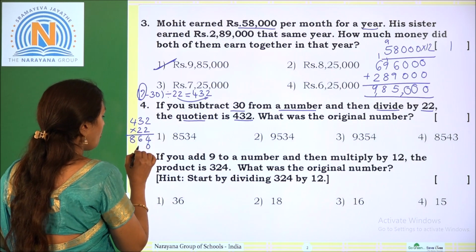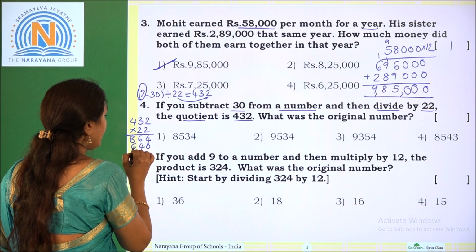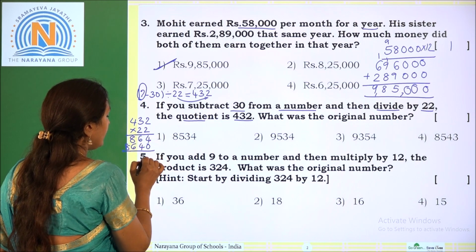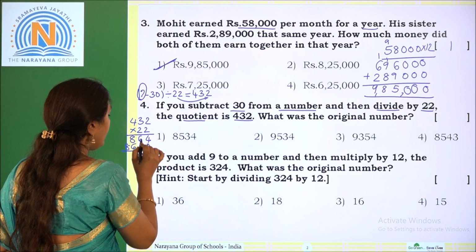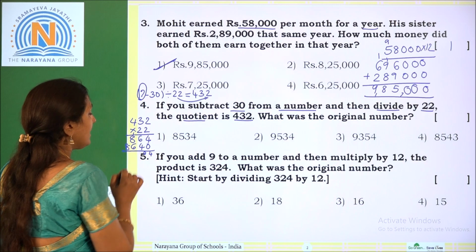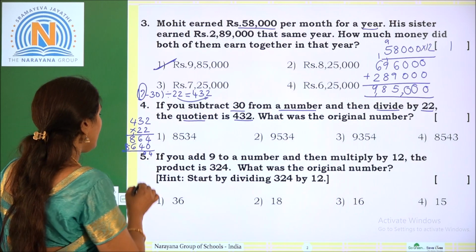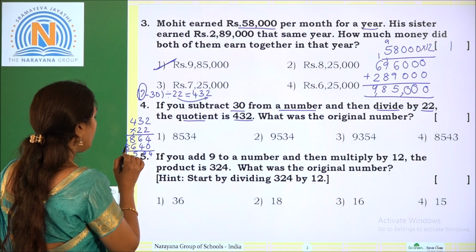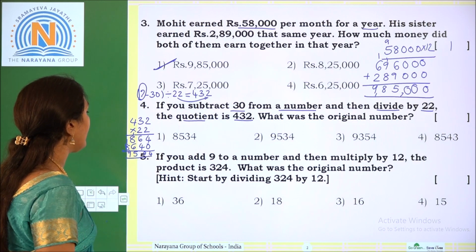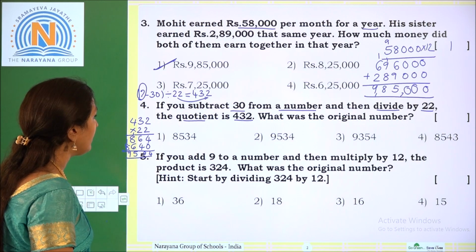Again 2 2s are 4, 2 3s are 6, 2 4s are 8. Now add: 4 plus 0 is 4, 6 plus 4 is 10, 1 plus 8 is 9, 9 plus 6 is 15, 1 plus 8 is 9. So we'll get 9504.